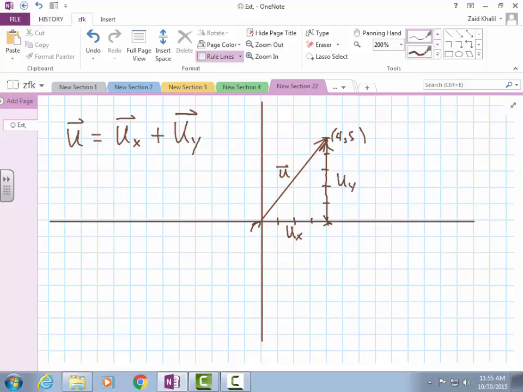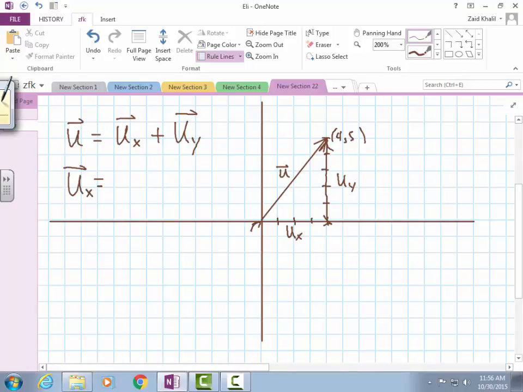Now, in addition to being orthogonal, what we can do is create something called a norm, and an orthonormal basis, to be technical. And what that means is that we can say, for instance, how do I describe Ux?